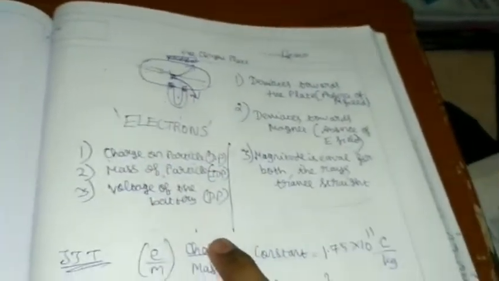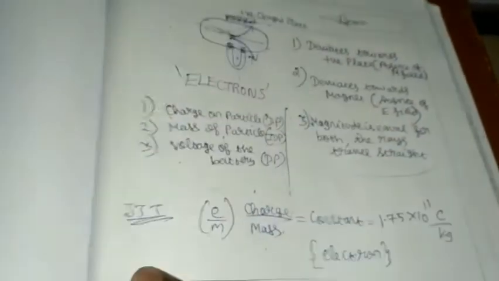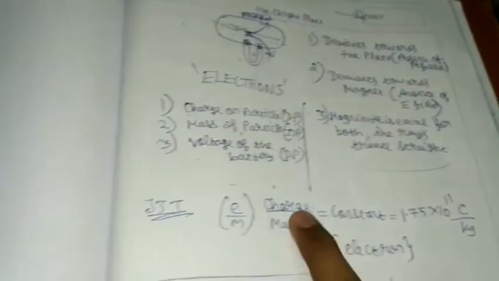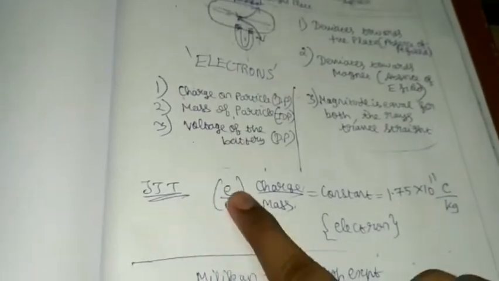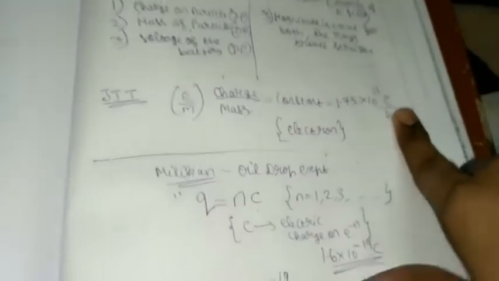From this, J.J. Thomson, in the 1890s, found the e by m ratio, which came out to be 1.7 times 10 power 11 coulomb per kg.